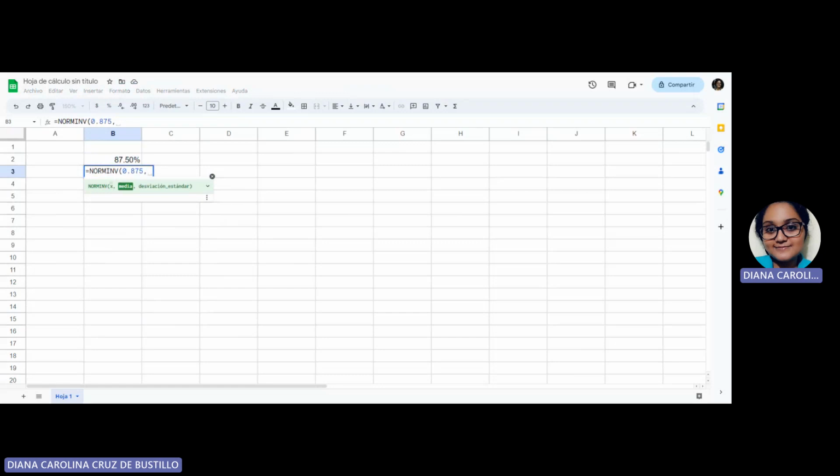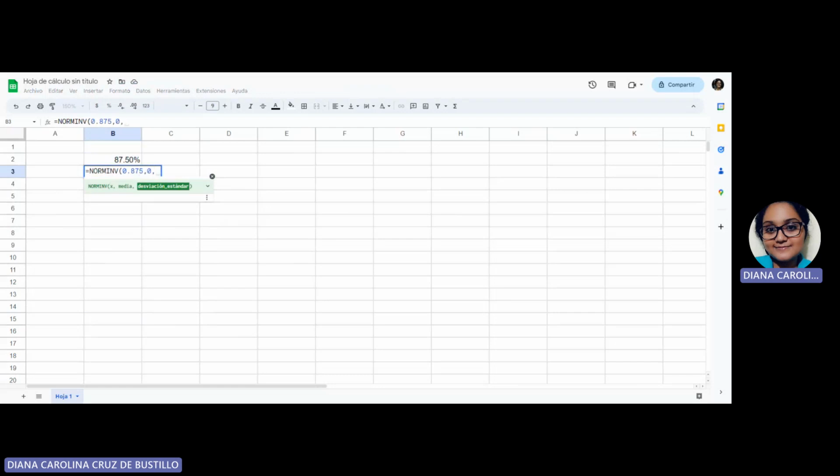You need to know the mean of the variable, but if you remember, when we took this information from the table, we had the standardized form of the normal curve. So here, just don't complicate yourself. You are always going to enter a mean of 0 and a standard deviation of 1.